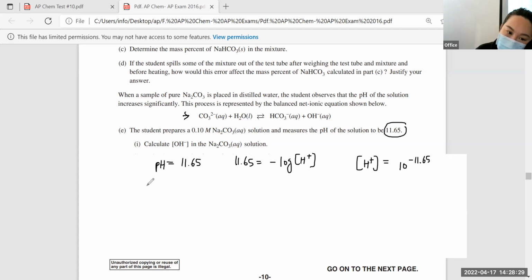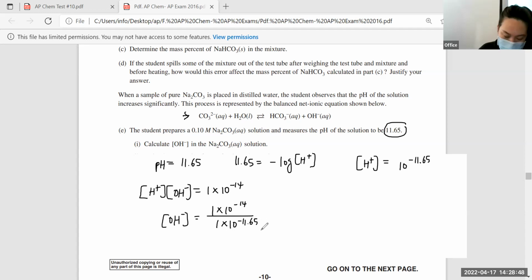And we know that H plus concentration times OH minus concentration equals 1 times 10 to the negative 14. So OH minus concentration equals 1 times 10 to the negative 14 divided by 1 times 10 to the negative 11.65, which is 1 times 10 to the negative 2.35.